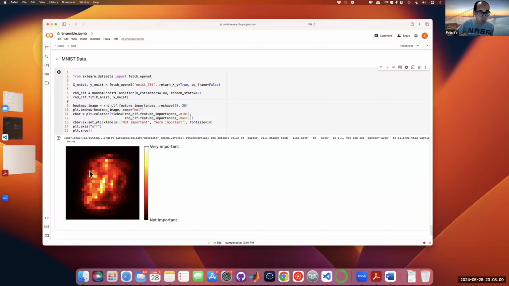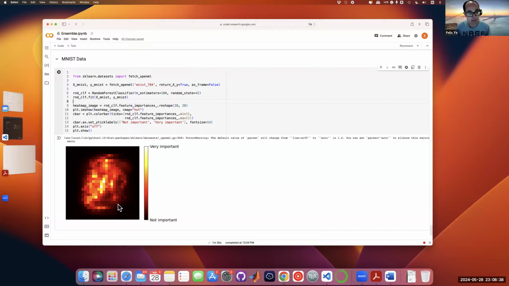As you can see, with the feature importance coming from random forest, most of the things inside of this image are very important. Everything on the edge of the image is not important, sometimes less important, which fits our understanding of the MNIST data set, because we know everything on the boundary is not important at all.